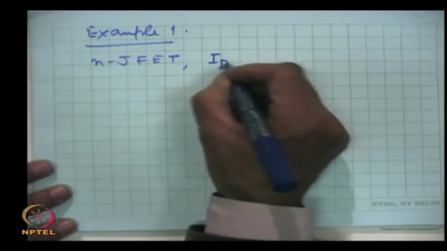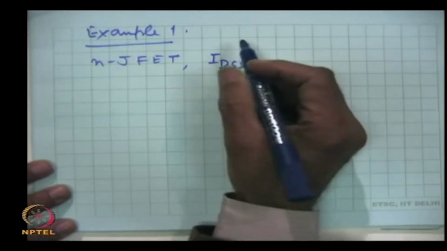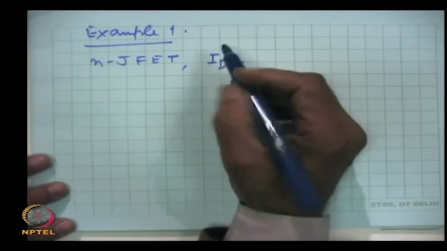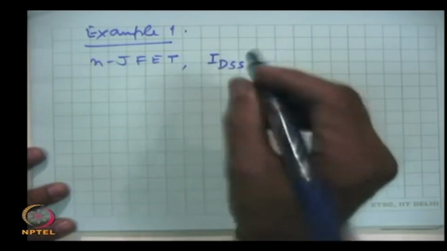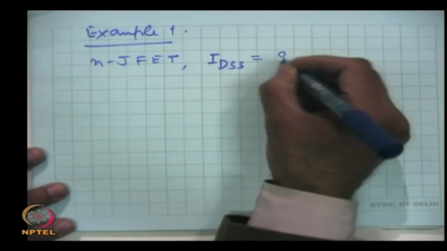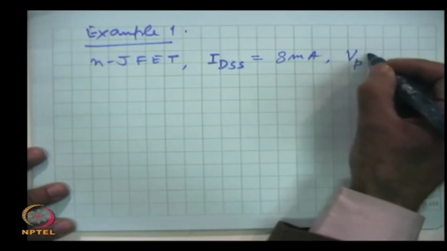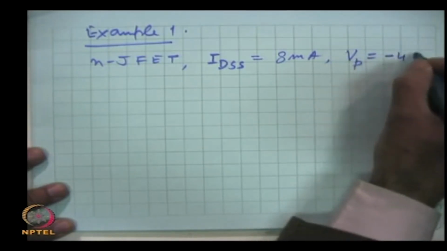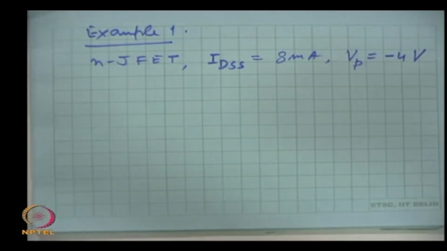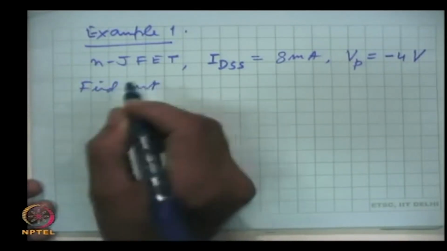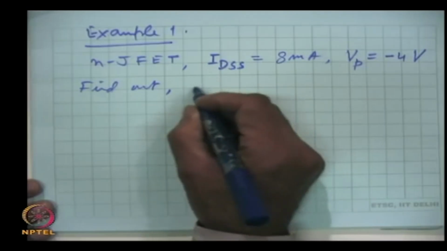The parameters of the device are that IDSS, when the gate is shorted with the source, that is the maximum current in the N junction field effect transistor, is 8 milliampere, and Vp is minus 4 volts. Then find out the drain current.